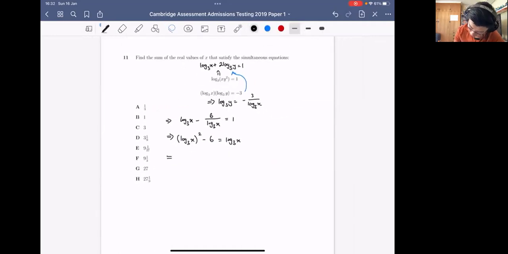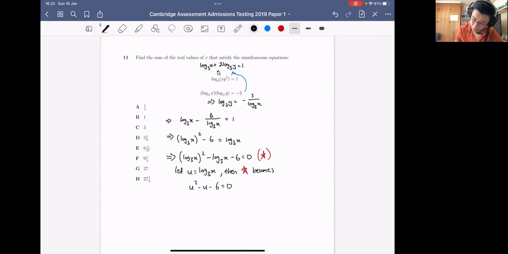Then this becomes a quadratic. I'll let u equal log 3 of x, and the star equation becomes u squared minus u minus 6 is 0.